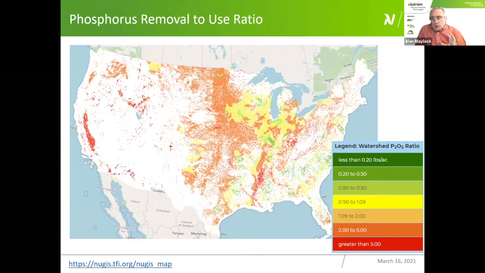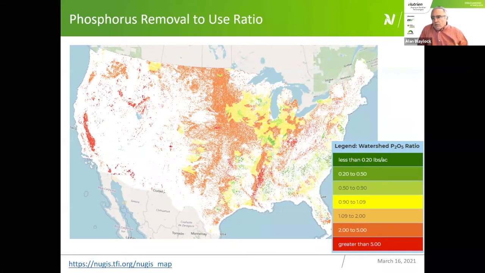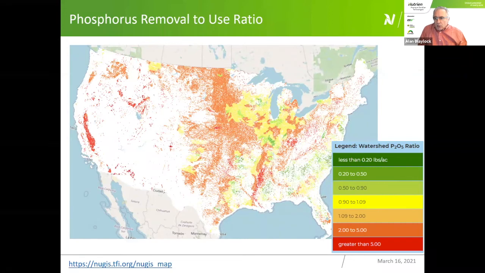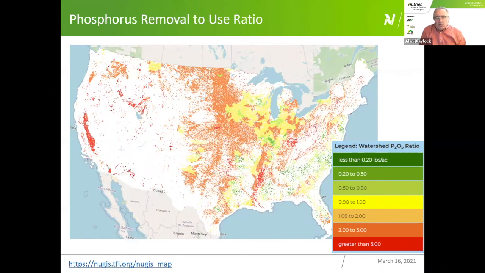And this takes data from commercial fertilizer use and manure application data, and it compares it with crop removal as estimated from crop yields multiplied by a concentration factor. So for example, concentration of phosphorus in corn grain. There's some standard values for that.